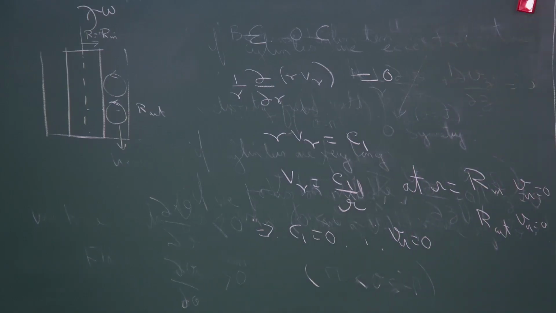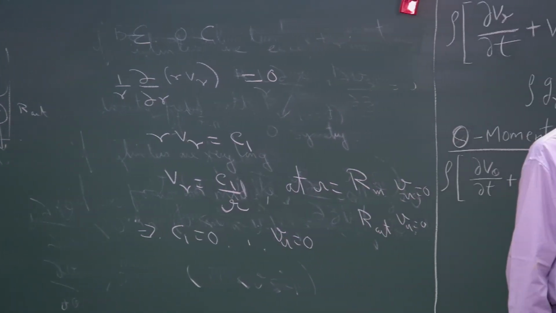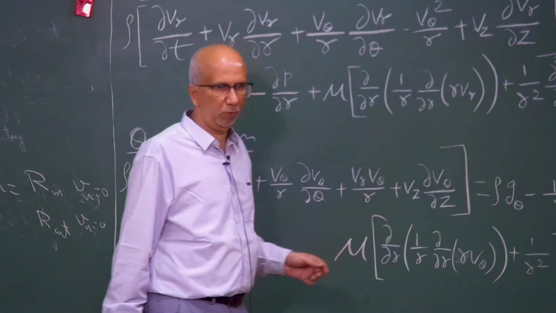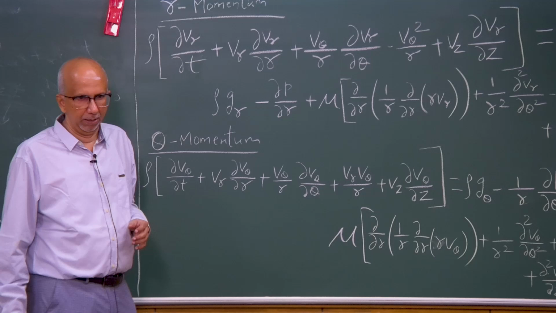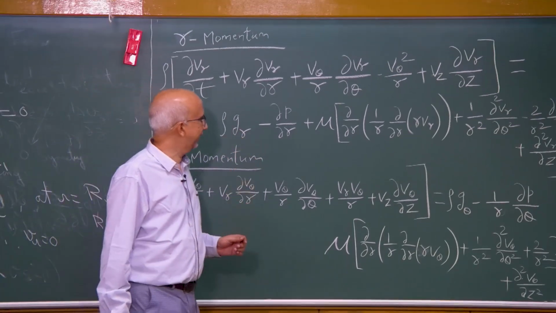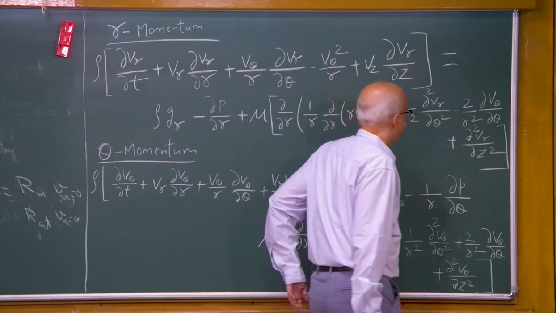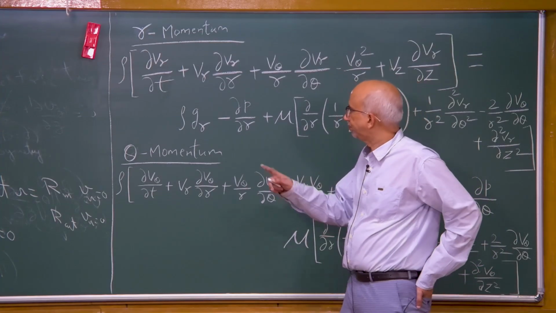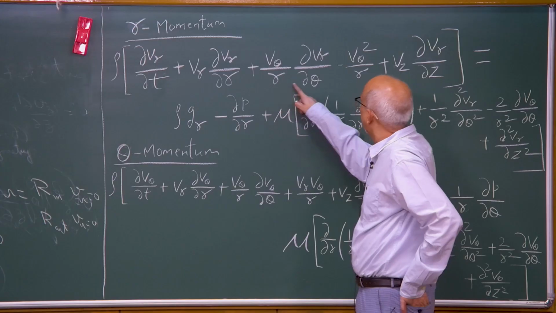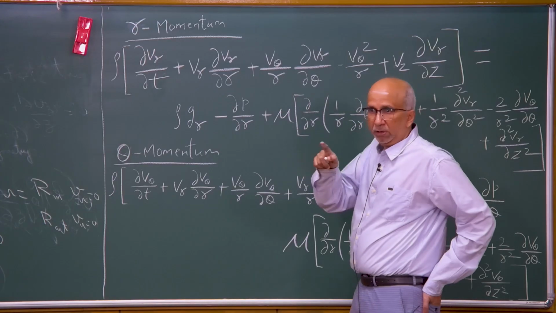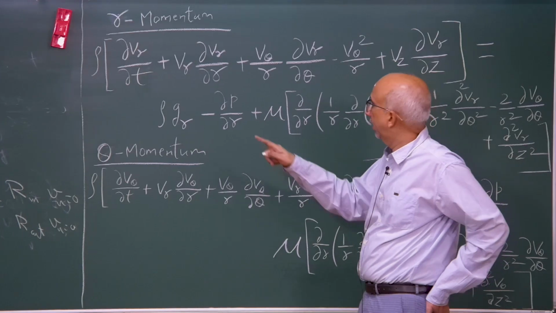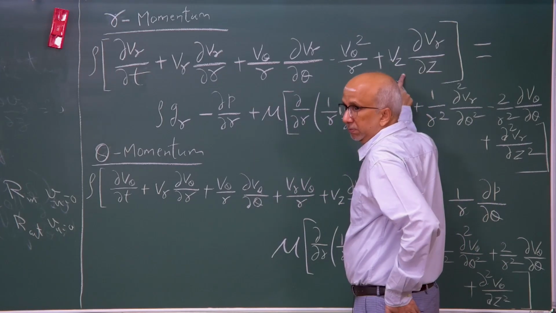Because there are these additional terms which come, I decided to have these written on the board because I don't want to make a mistake, as these additional terms are something which I don't remember. Now I just want to point out that these terms on the left hand side are what we have done in the class when we did v dot del v. We got these inertial terms.